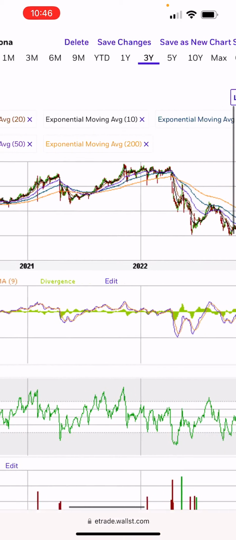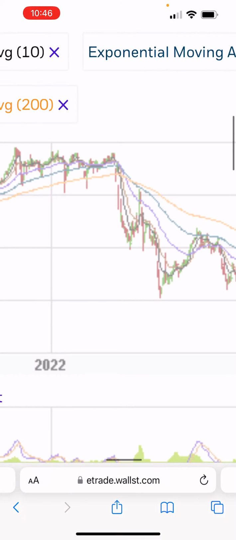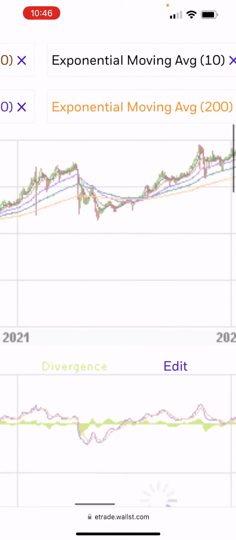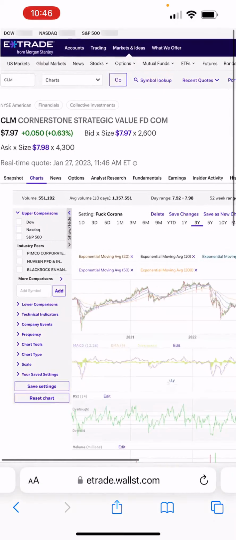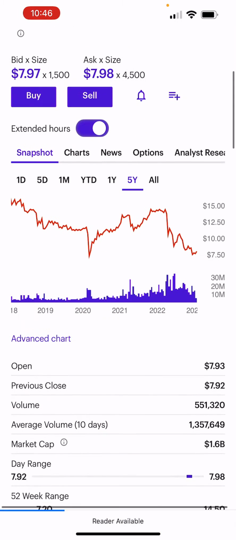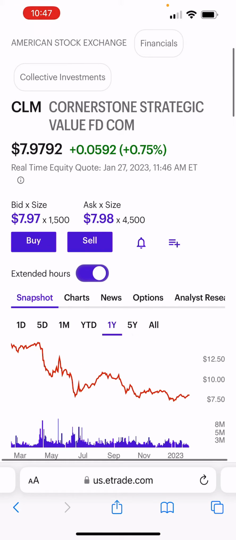So here, as you can see, they have their rights offerings here and here. They drop the stock. The fund, whatever, same thing. In this case for Cornerstone, they drop the fund significantly. They're classified as a stock by E-Trade, but they are a fund, a closed-end fund. And so you have to be aware of that.